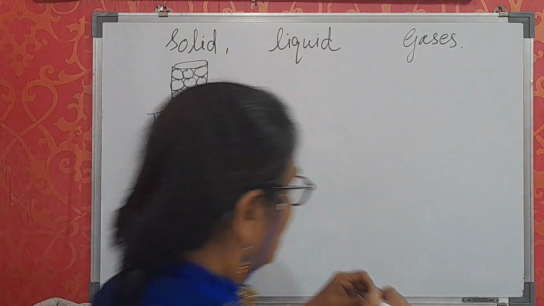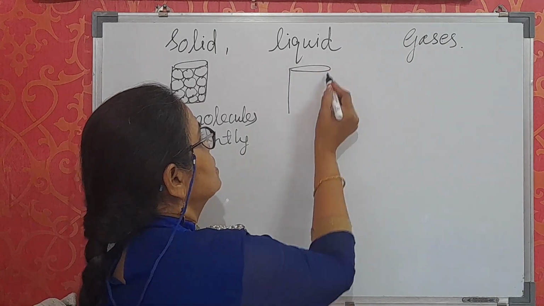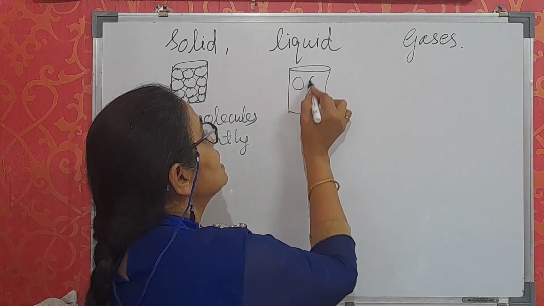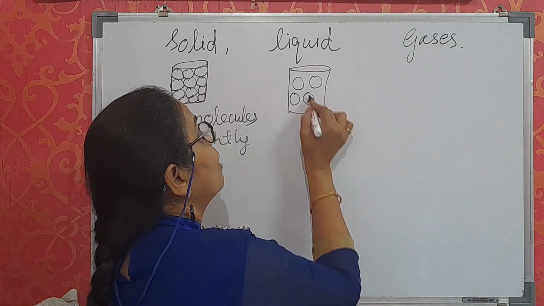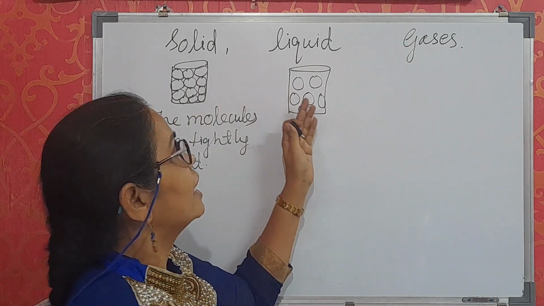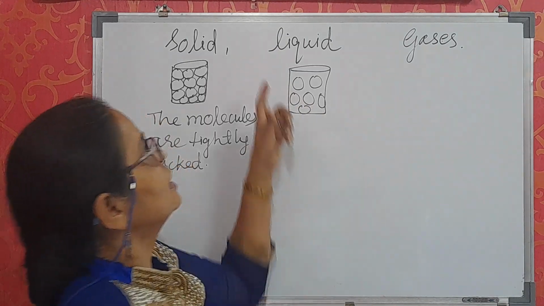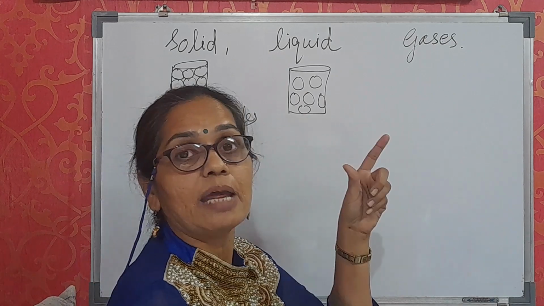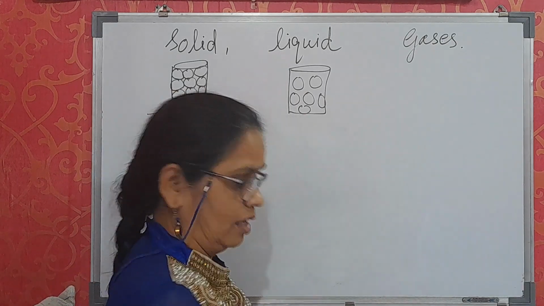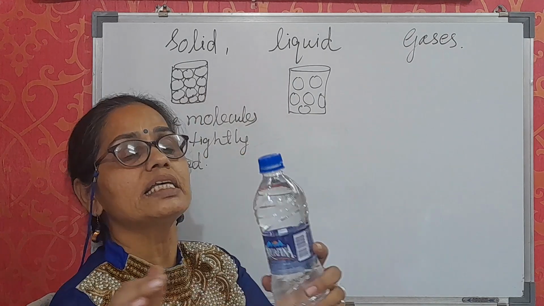Right? Now there is a liquid. In liquid, the molecules are loosely packed compared to solid. They are not densely arranged. They are loosely packed, so the liquid takes the shape of any container. For example, I will show you. See, now water. Water is a liquid.